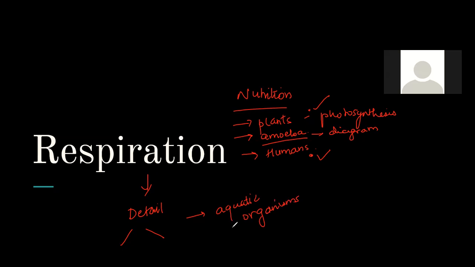How does respiration happen there? Again, this is very brief, just 1 or 2 lines you need to know. But under humans itself it is a huge chunk, so we'll take some time to cover the whole thing.